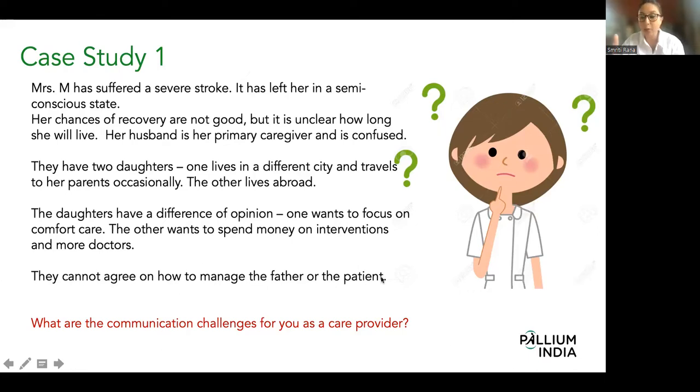And remember, this is a communication challenge for you, not the family. The last sentence is, what are the communication challenges for you as a care provider?